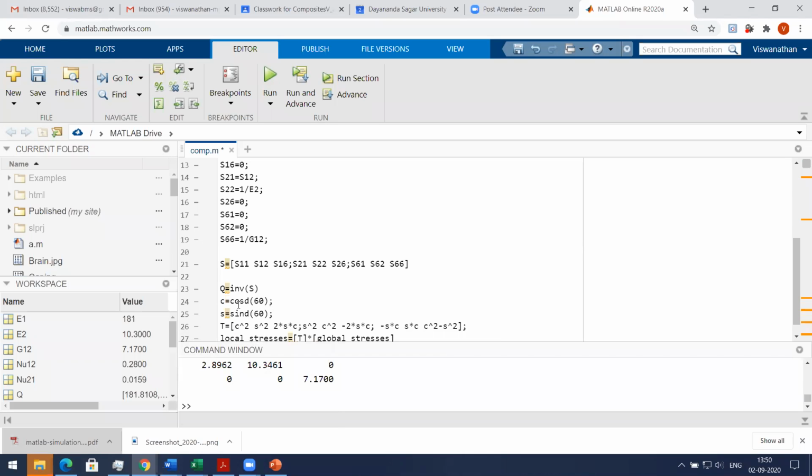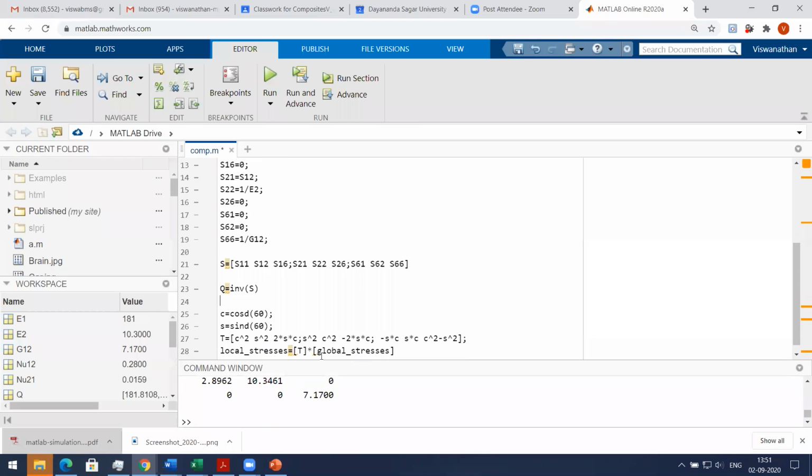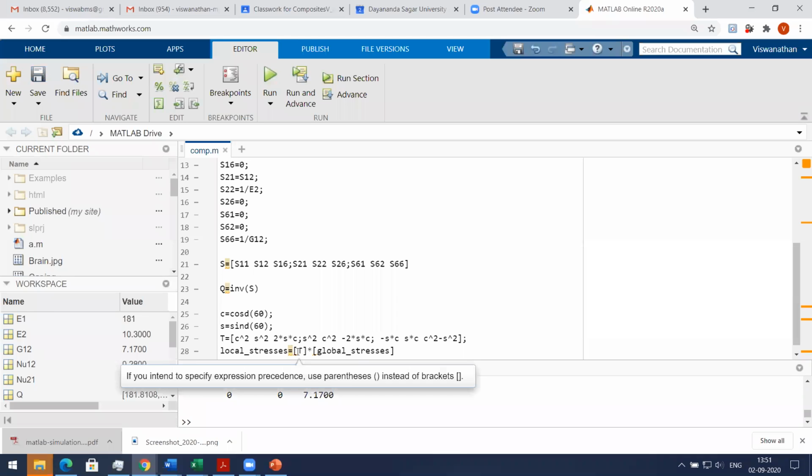The theta value is in degrees. If you just write cos in brackets 60, it takes that 60 in radians. So you have to mention cosd 60 and sind 60. Then what else do you need to give? To calculate the local stresses, you need T, which can be calculated, and then the global stresses.